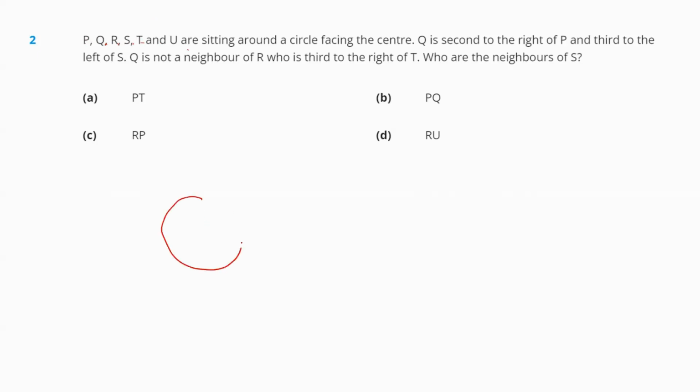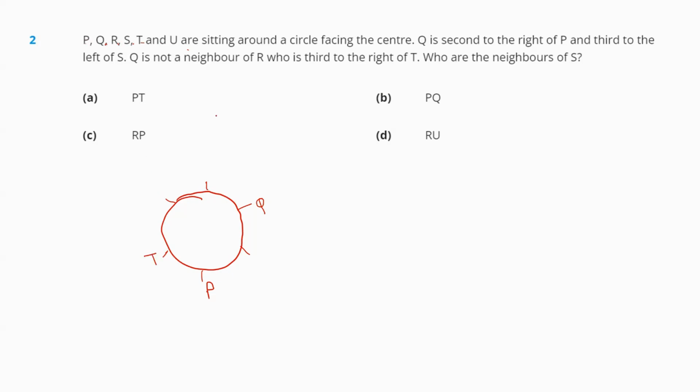Let's draw a circle. 1, 2, 3, 4, 5, 6. 6 people are sitting here. Firstly, they are saying Q is second to the right of P. If we make P here, Q is second to the right of P and third to the left of T. 1, 2, 3. So T will come here.